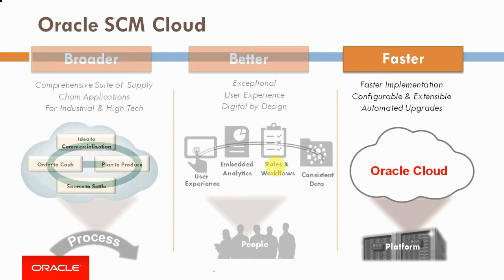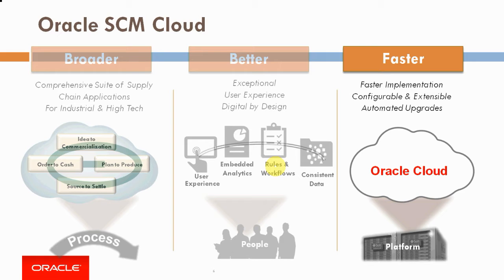Faster. Compared to other cloud vendors, Oracle Cloud applications, including SCM Cloud, are very quick to implement. For example, in a conventional EBS world or other on-premise systems, if you want to plan to produce, it might take maybe a year or more to implement the whole flow. But in cloud, it takes maybe 3 to 4 months to be up and running.